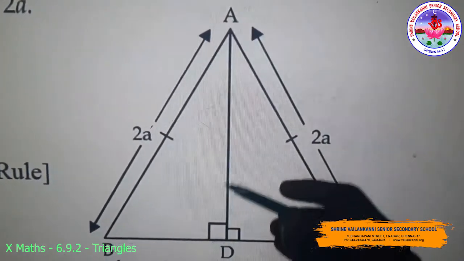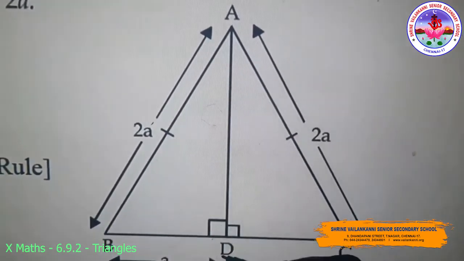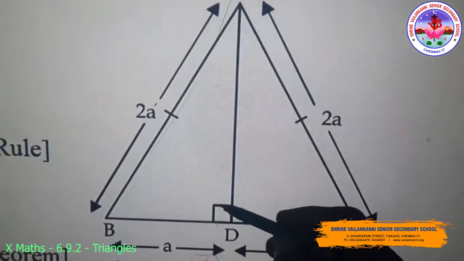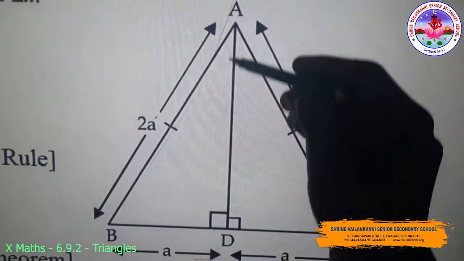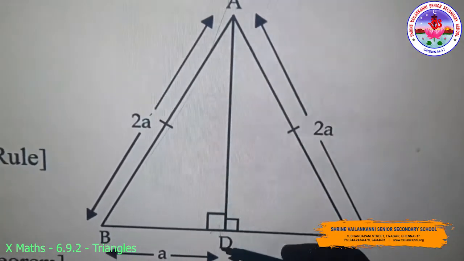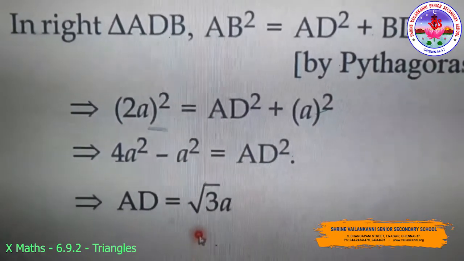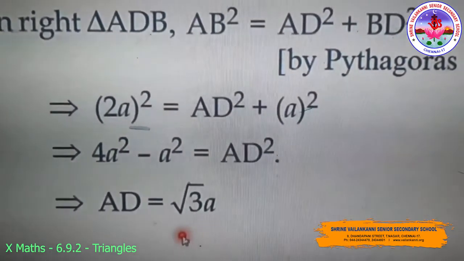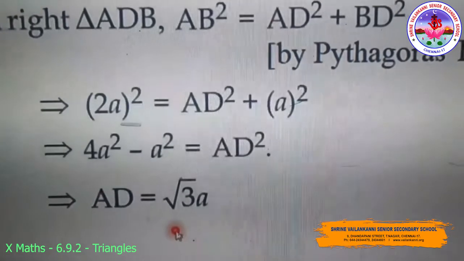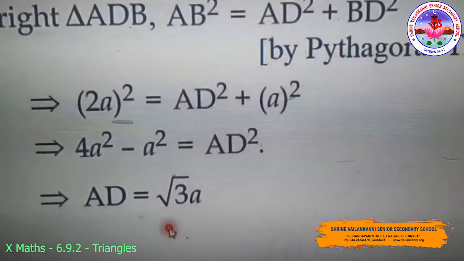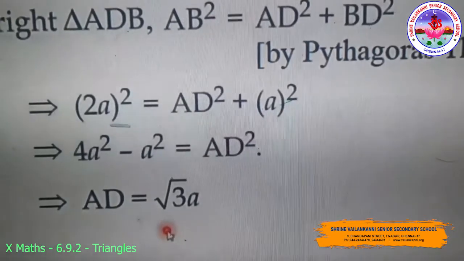So I am going to take the triangle ADB, and using Pythagoras theorem I will be finding the length of AD. Now coming to the solution, in right triangle ADB we know that AD is an altitude. So the angle formed at D will be 90 degrees. That is, angle ADB will be 90 degrees.